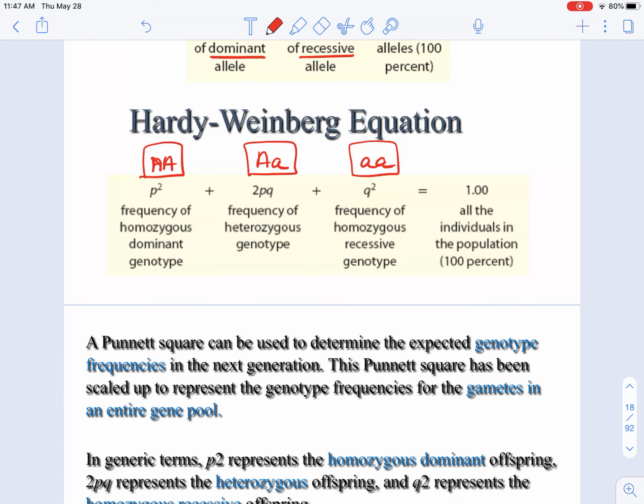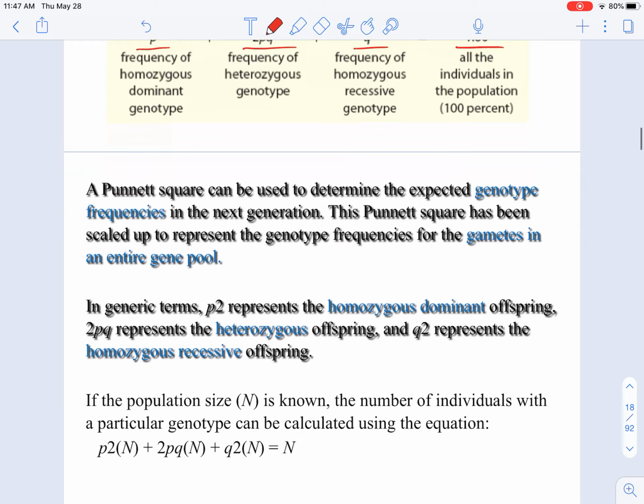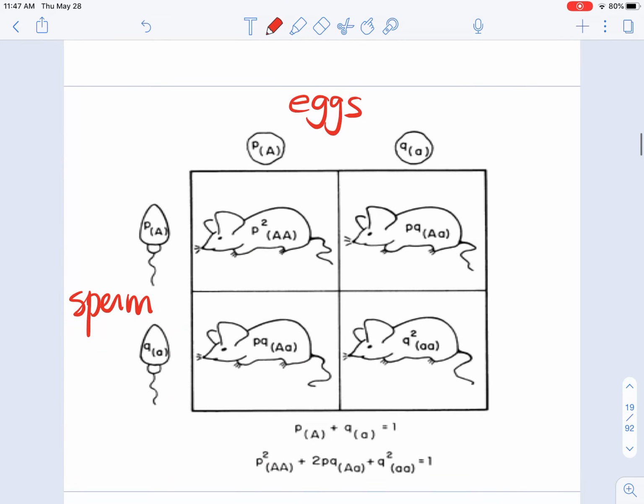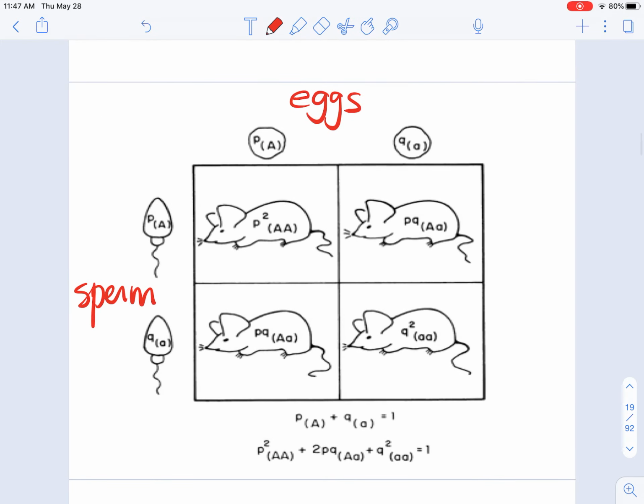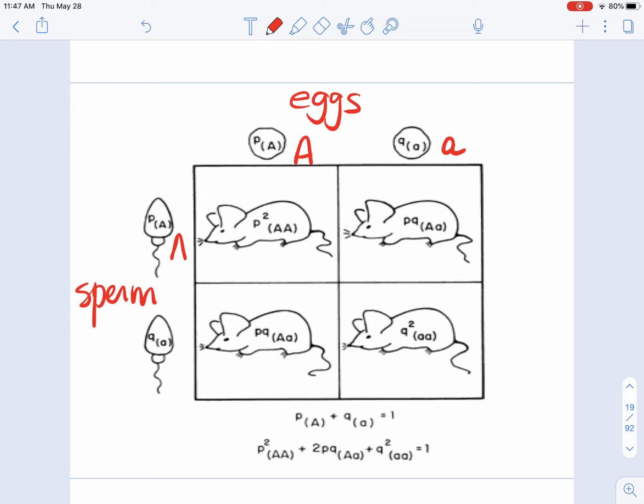For the Hardy-Weinberg calculation, where it says P squared plus 2PQ plus Q squared equals all of the individuals, I want to show you where they came up with that. Now, it's simpler than you think. All of the eggs that females have either have a dominant or recessive allele in them in that population.